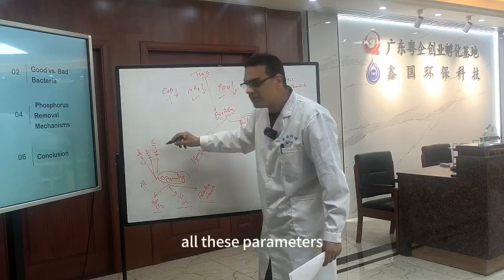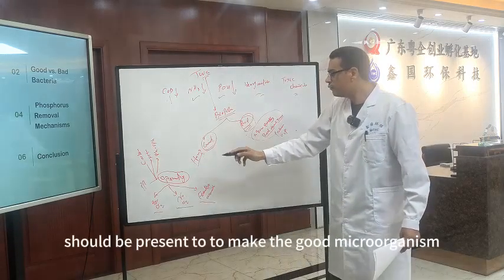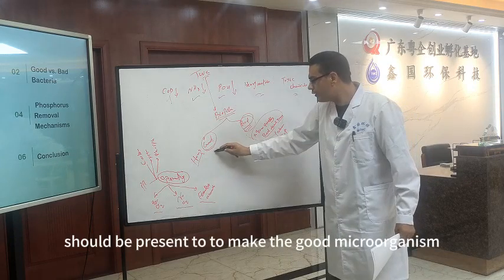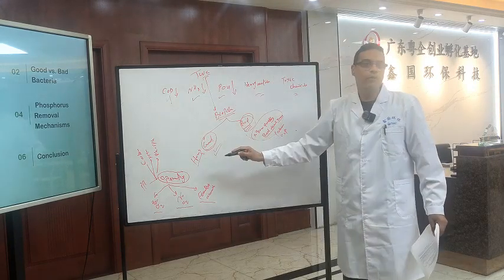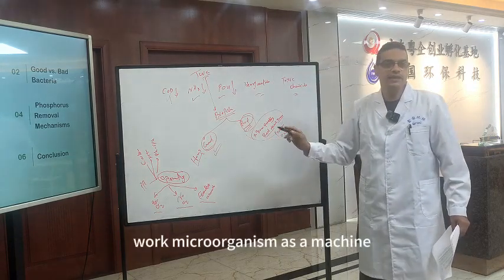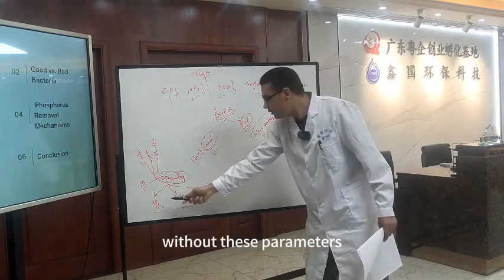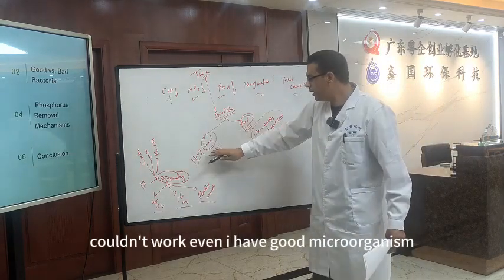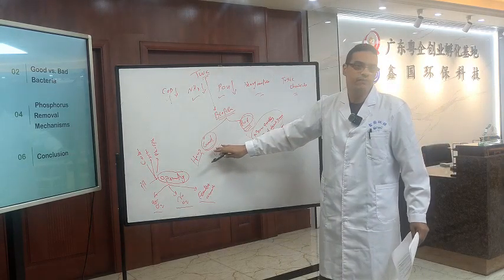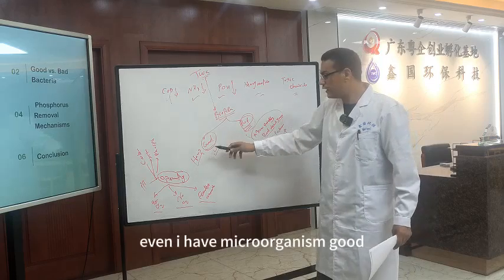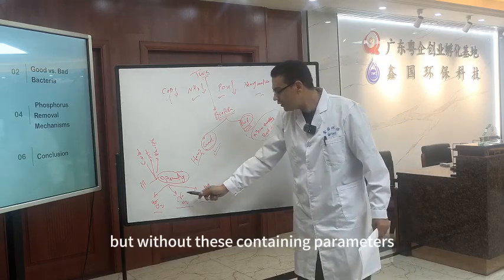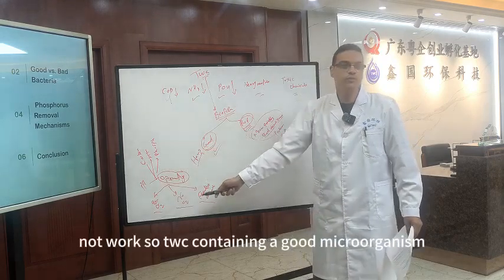All these parameters should be present to make the good microorganism work. A microorganism is like a machine. Without these parameters, it couldn't work. Even if I have a good microorganism, without these parameters, it does not work.